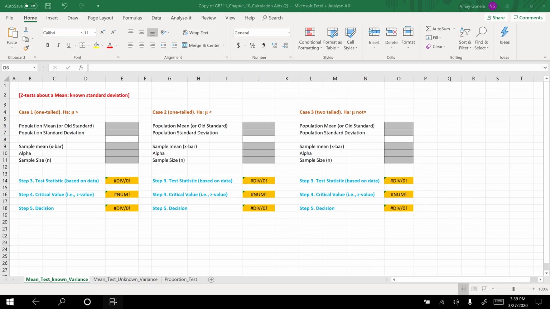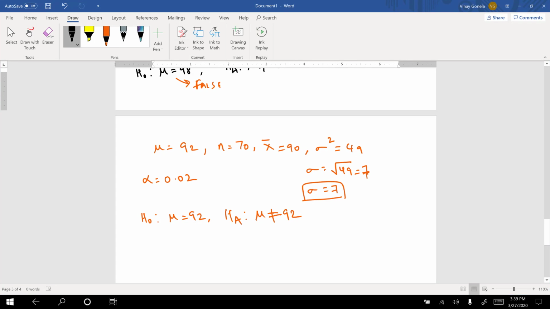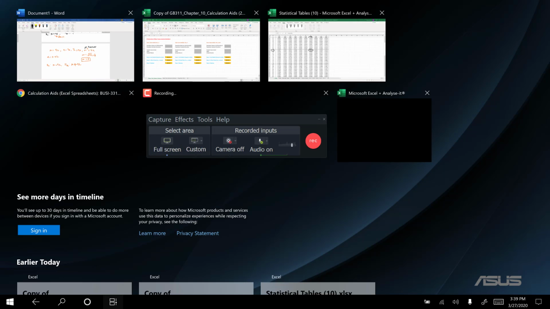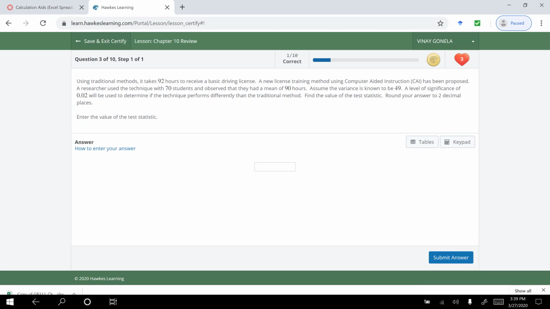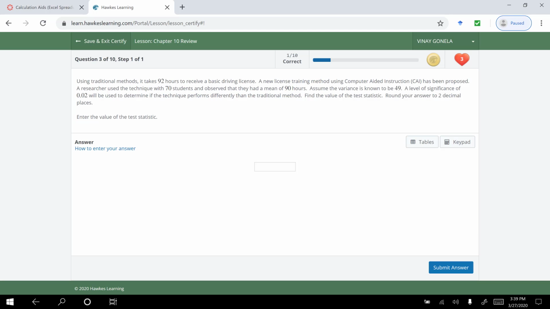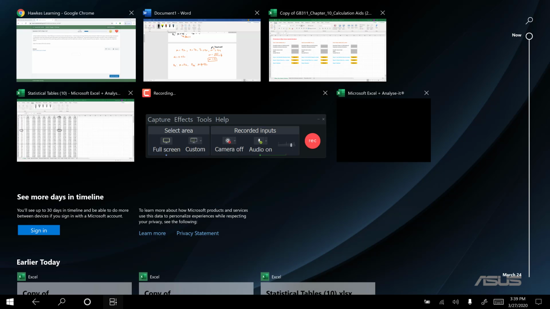The reason why we are going to this spreadsheet is that the variance is known. They said in the question that the variance is known. So I will go and copy my values to our calculation aid.